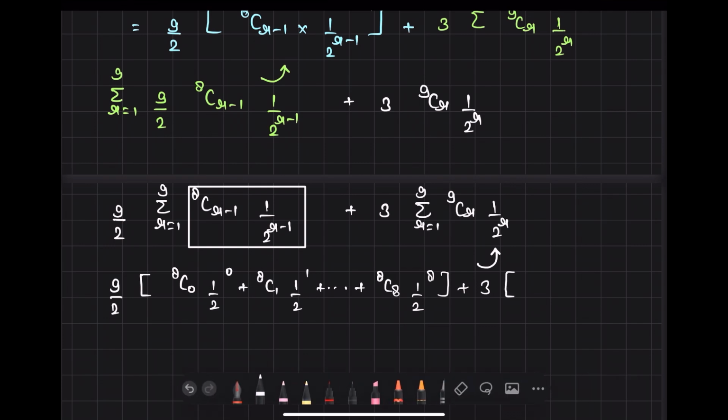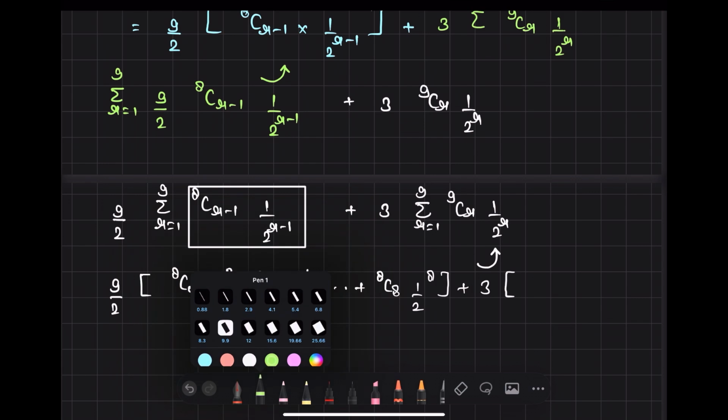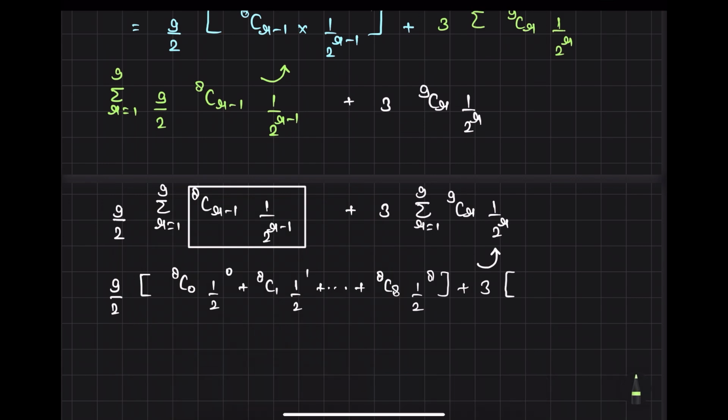Here we will have a little bit of a problem, but we will manage. So it starts from 1. So 9c1, 1 by 2 power 1, 9c2, 1 by 2 power 2, dot dot dot, 9c9, 1 by 2 power 9.